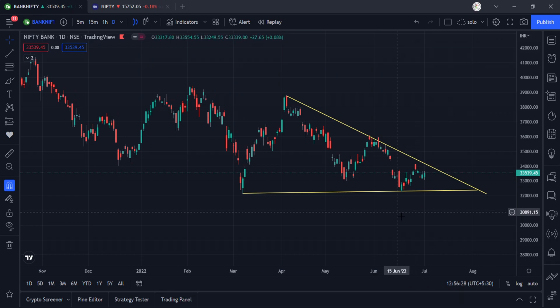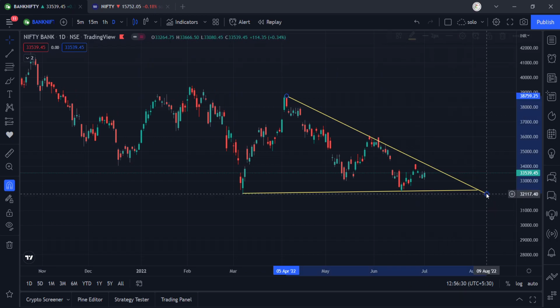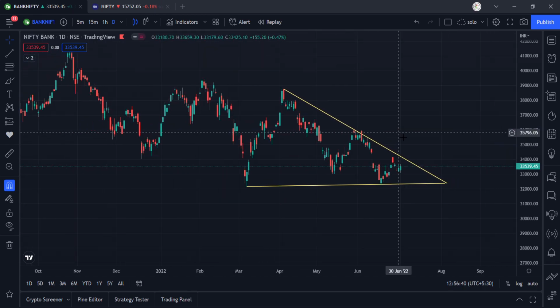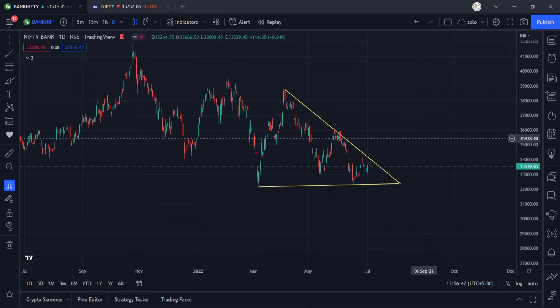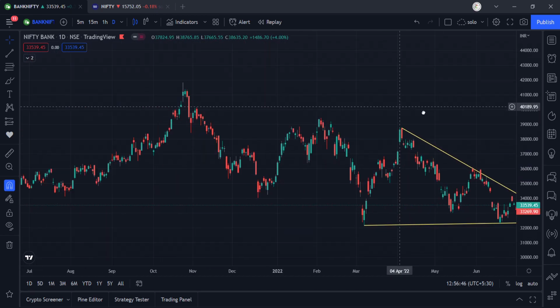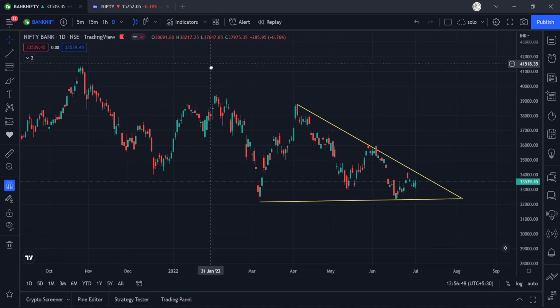Exactly, this is what's happening in Bank Nifty. So this is the triangle pattern which is held on Bank Nifty in a 1-day time frame.